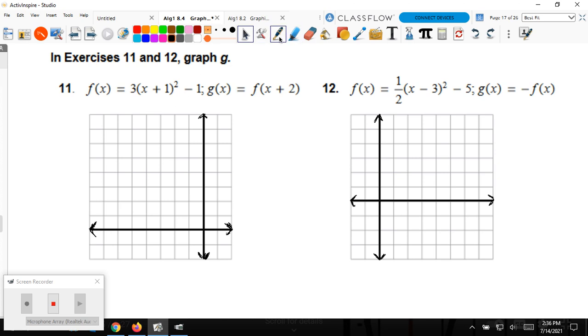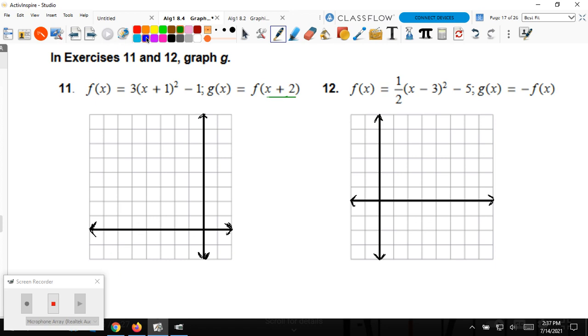So this is what we have to plug in. So we're going to input or substitute x plus 2 for x right there. So let's do that and find out what function we would get then for our g of x, because we're trying to graph the g of x.